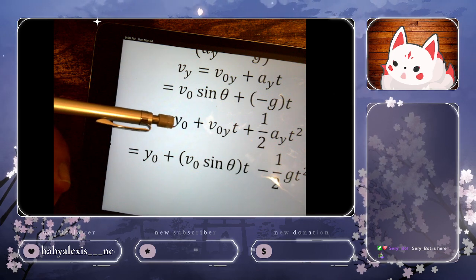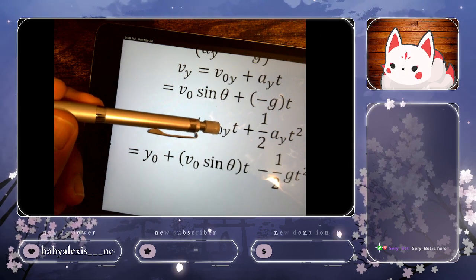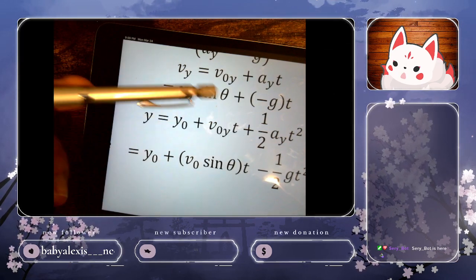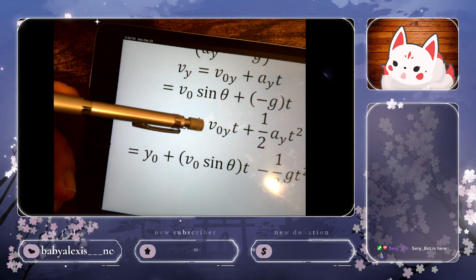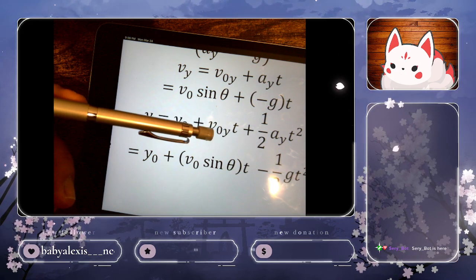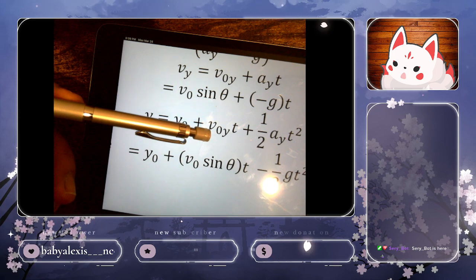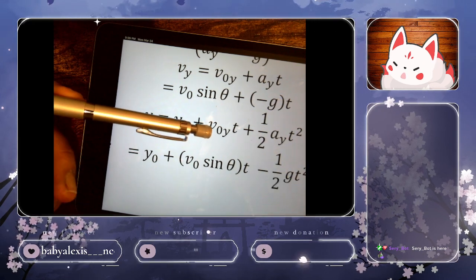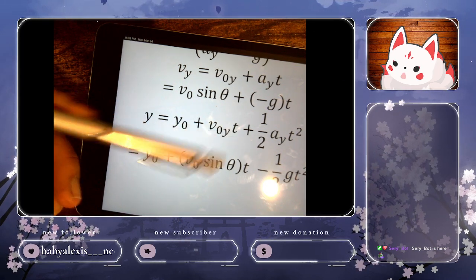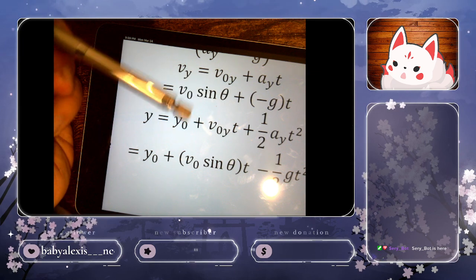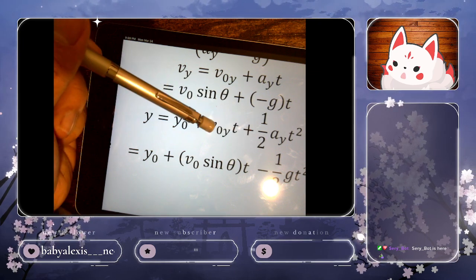That's the initial position y, and that's the change, using the initial velocity in the y direction times time. That would be a ridiculous number that is incorrect, but this fixes that.